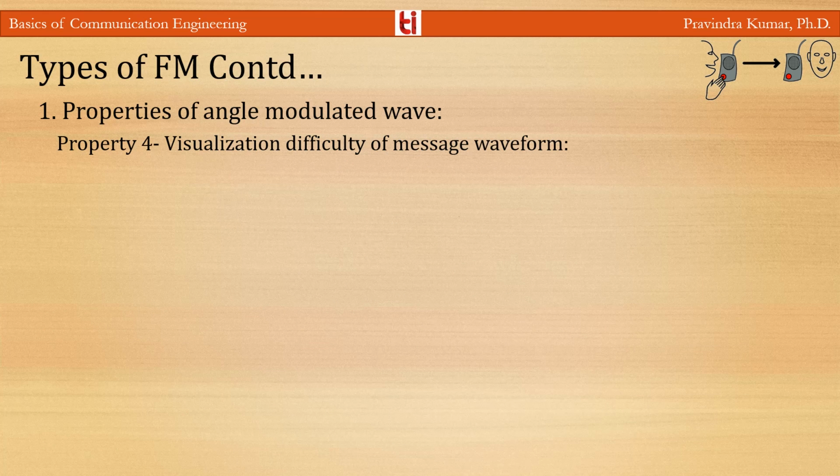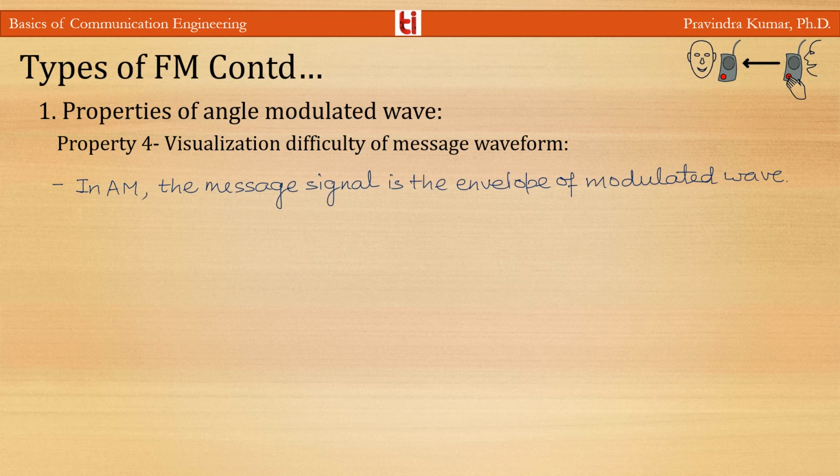Now the next property: visualization difficulty of a message waveform. In AM, we can see that the message signal is the envelope of the modulated wave. This is not so in angle modulation, as you have seen in the figures of phase modulation and frequency modulation.